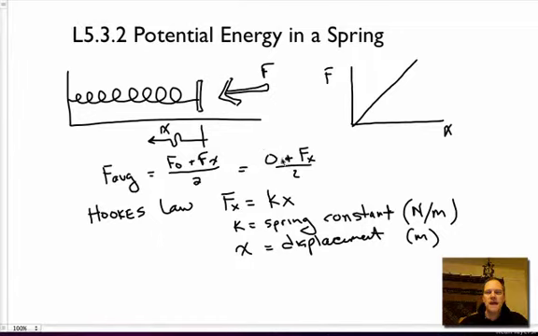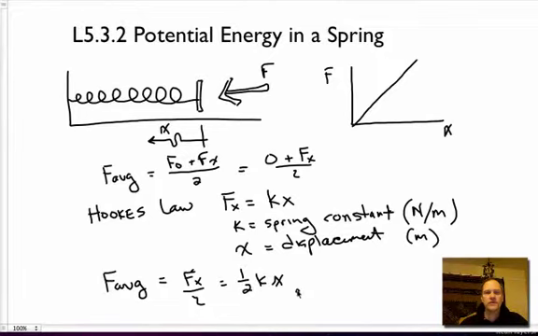So if the average force, then as we increase that, the F average then, picking up from where we left off, is going to be Fx over 2, which then becomes 1/2 kx.